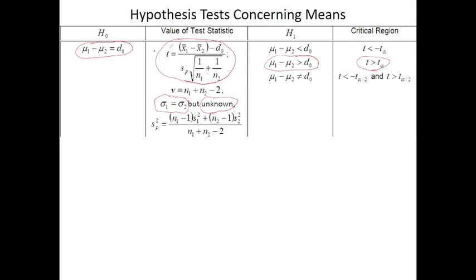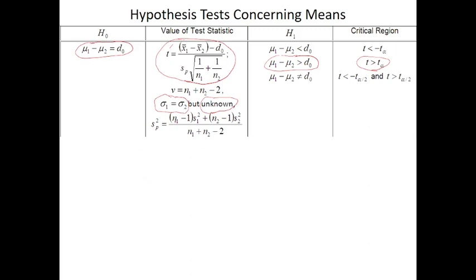Considering the t value, we have x sub 1 bar minus x sub 2 bar minus d sub 0, which is mu 1 minus mu 2, over s sub p. s sub p can be obtained by taking the square root of the pooled sample variance s sub p squared, which becomes the sample standard deviation.